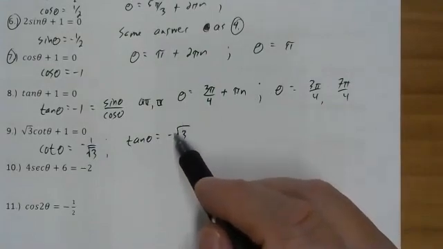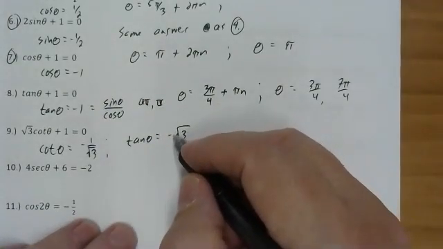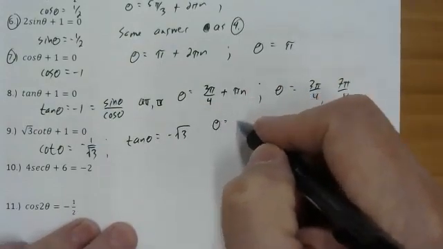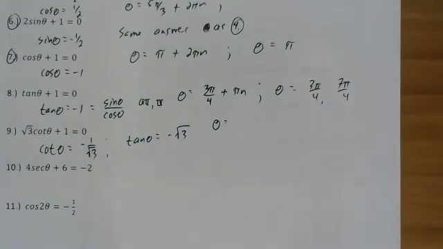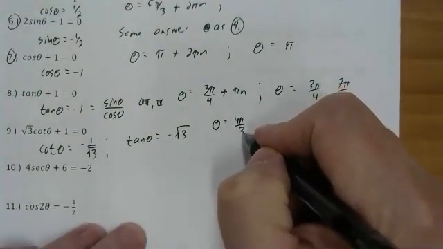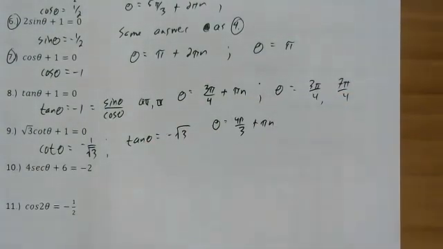Now, because I want it to be negative, I guess I have to go to the third quadrant. And the third quadrant is going to be 4 pi over 3. But once again, since it's tangent, we're going to add pi n in.